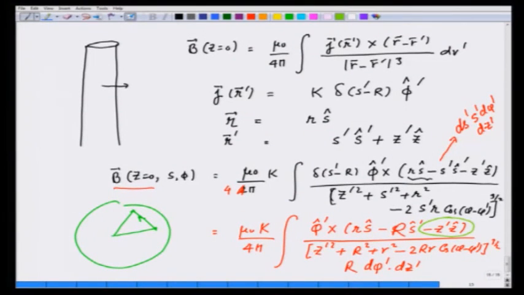We can immediately see that if I write this integral with z prime, I know that the answer is going to be 0, because on the left hand side there is no component in the x y plane.